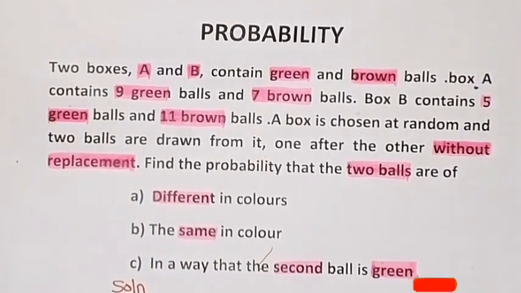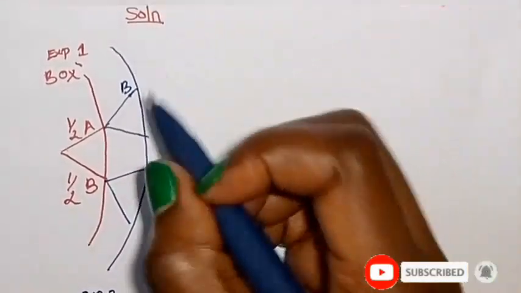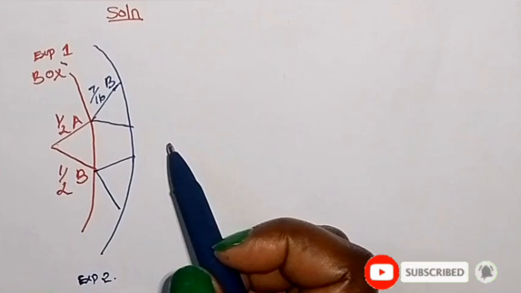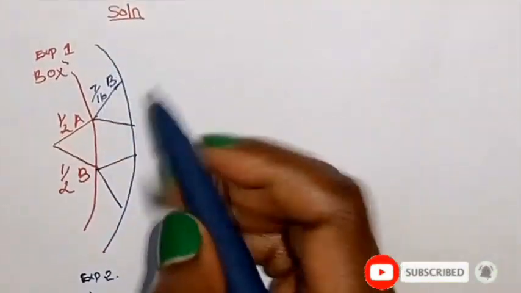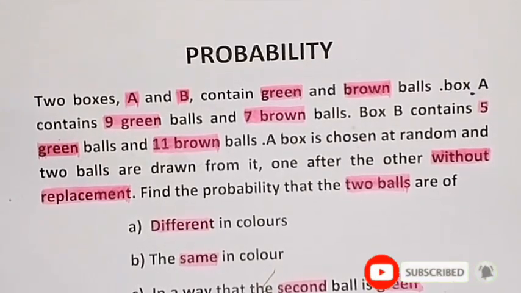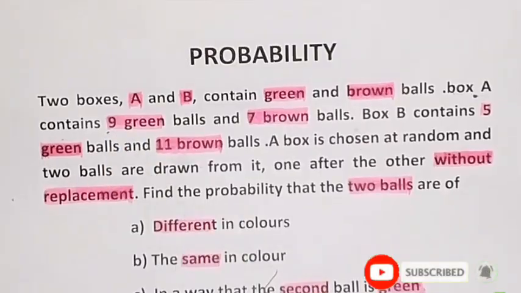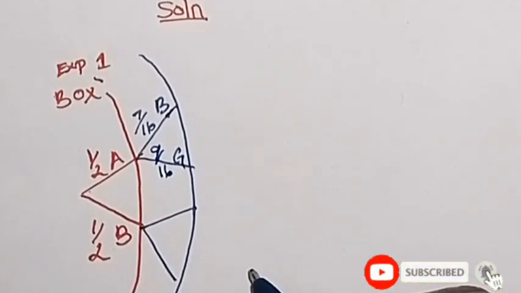So if we pick brown, then we have 7 over the total possibility. If we chose A and got a green ball, G for green, then in favor of green we have 9 balls out of 16. Nice.